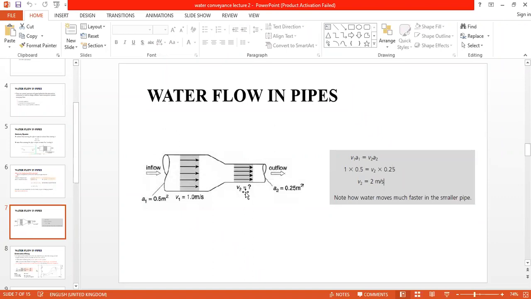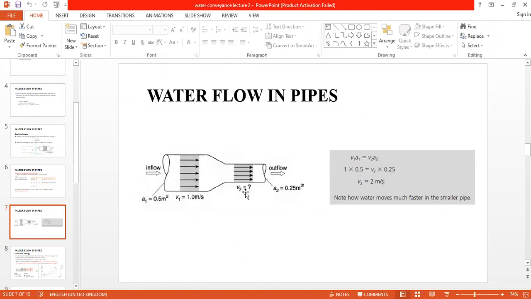Okay. So what we are saying is that water flow in pipes is governed by the continuity equation, which states that the amount of water that enters the pipe is equal to the amount of water that comes out of the pipe, or the discharge that is entering the pipe should be equal to the discharge that is leaving the pipe.